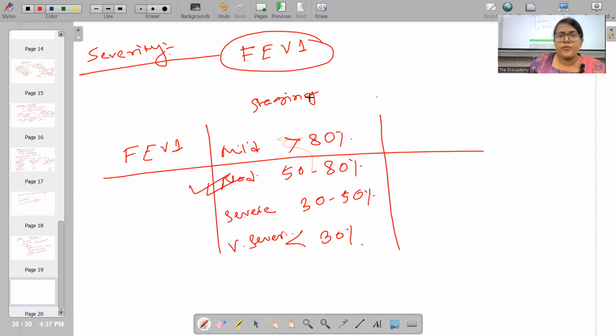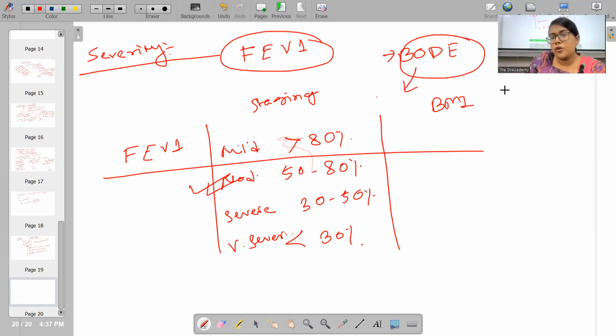All right. Apart from the FEV1, there are some other criteria that can make you consider the prognostic value of a COPD patient. This is termed the BODE index. So B is basically BMI. So prognosis is poor if the BMI is less than 21 kg per meter square. O is for obstruction, which is measured by the FEV1, and I have described this according to the GOLD stage criteria.